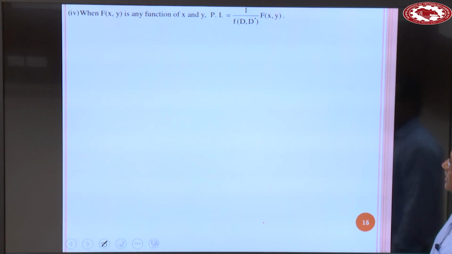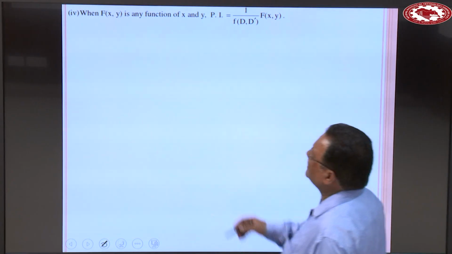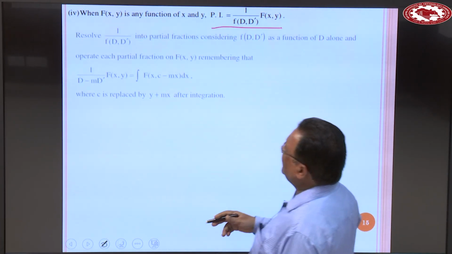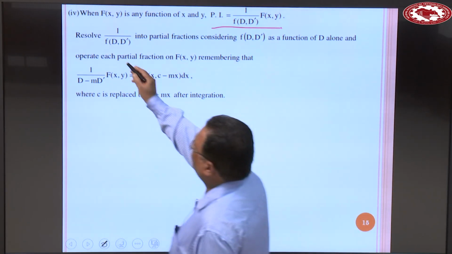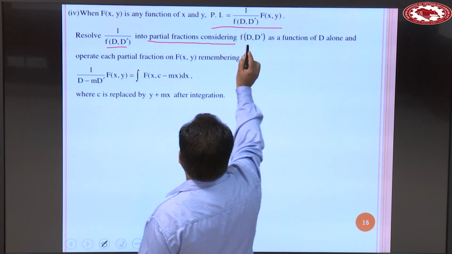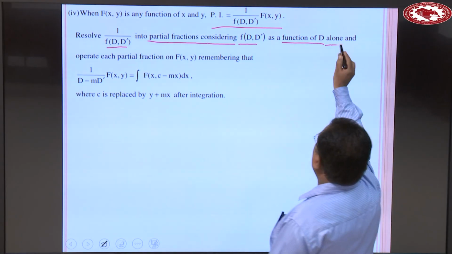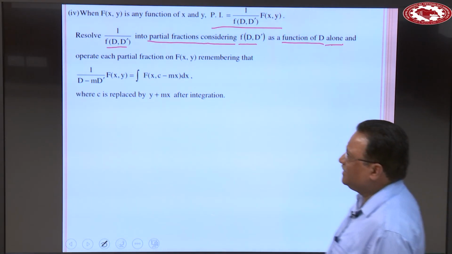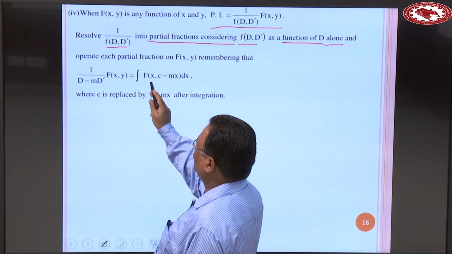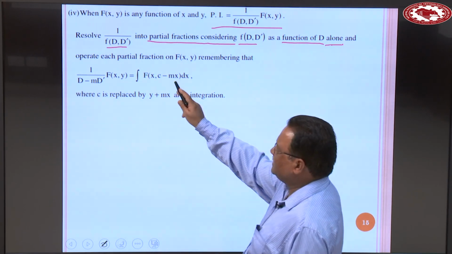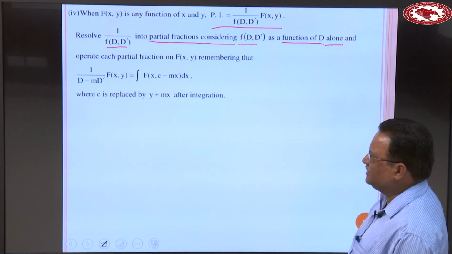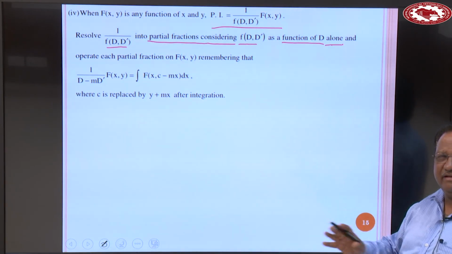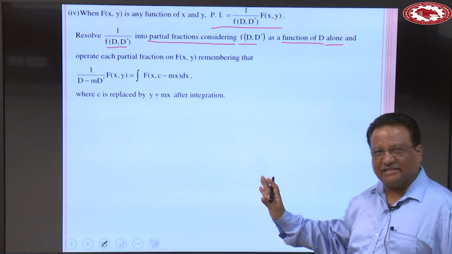And the fourth one is when the function is any function of x and y, then the particular integral can be written this way, and resolve this denominator into partial fractions considering it as a function of D alone, and operate each partial fraction on f x y, remembering that this integral is equal to function of integral f x c minus mx dx, where c is replaced by y plus mx after integration. So use the process which we have discussed in previous slides.